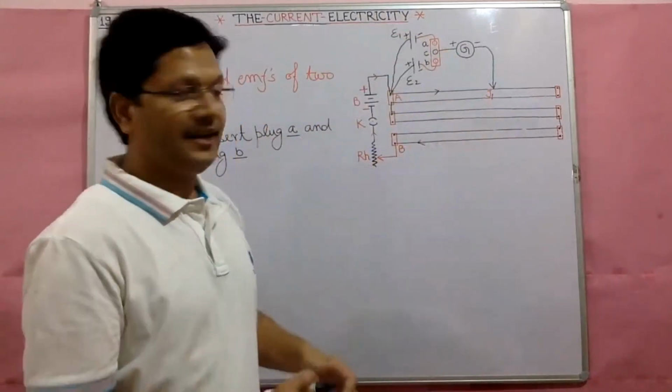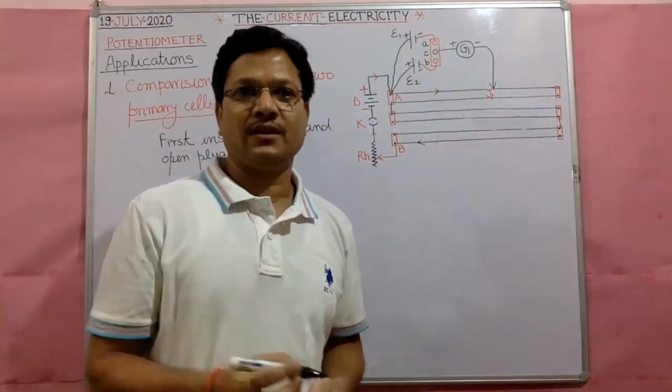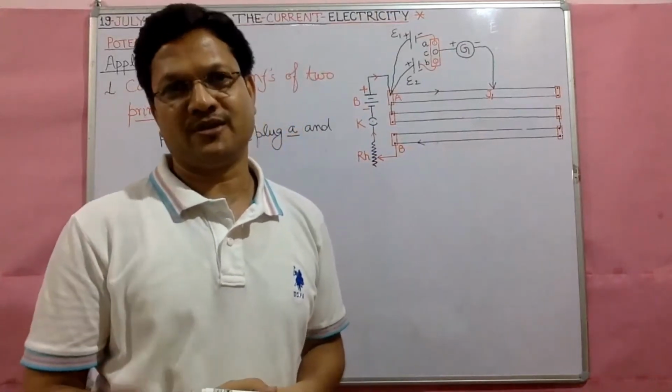Okay, and now move the jockey along the length of the potentiometer wire.